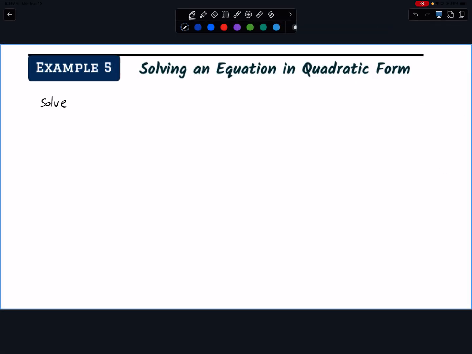So solve the equation on the interval zero is less than or equal to theta, which is less than 2 pi.